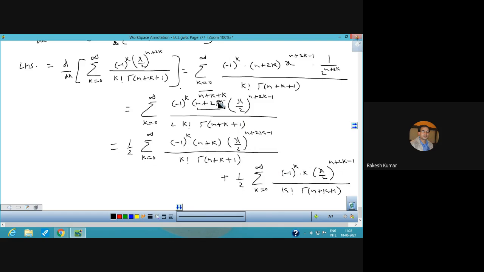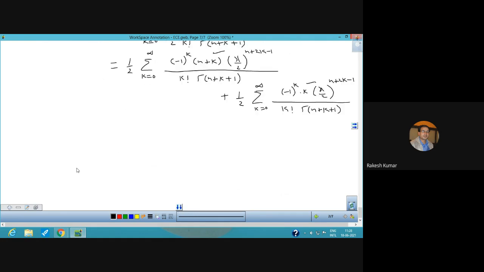Now just understand the step. n+2k has been split into two terms, n+k and k, and both terms are written separately. This term is for n+k and this term is for k. And this adjustment is very important for getting the resultant.